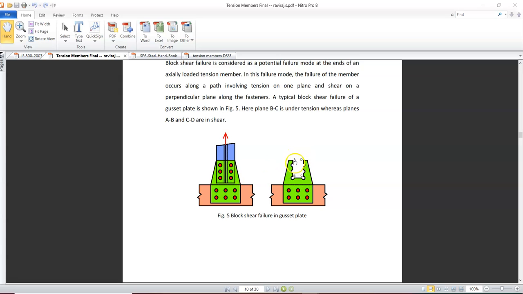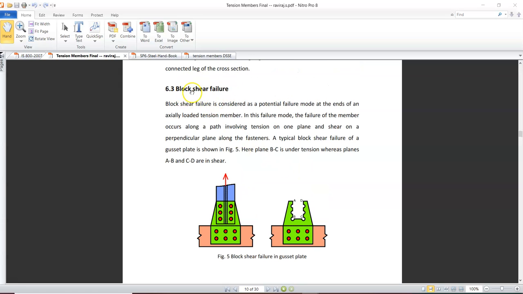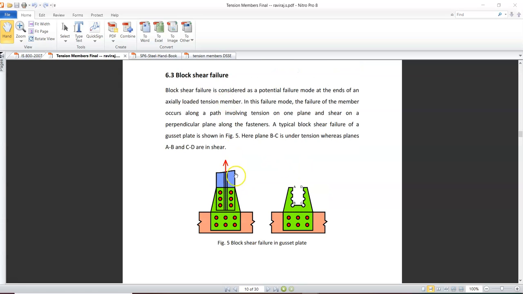I'll repeat, block shear is failure by shearing and tension. It has failed by shearing across section AB and DC, and it has failed by tension across section BC. So the last type of failure is block shear failure, wherein you can observe the failure here, or you can also Google to find some more pictures.